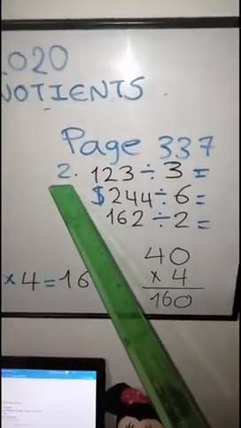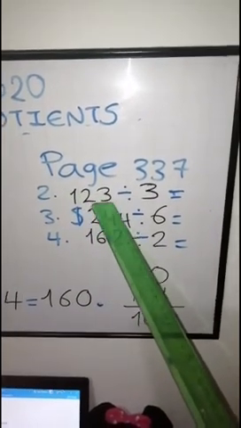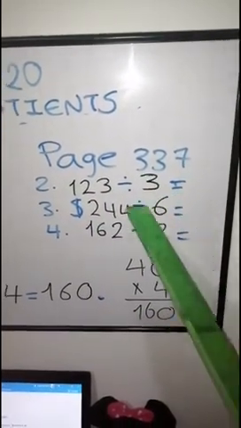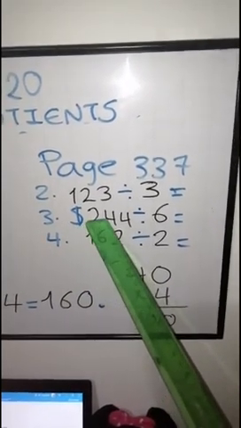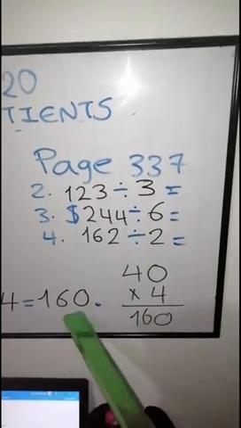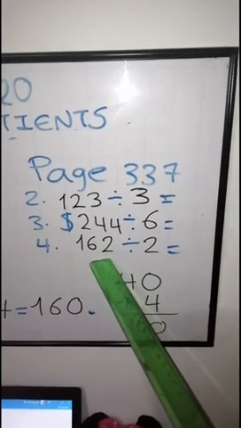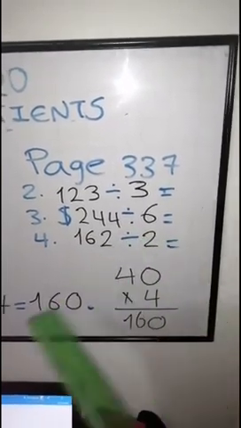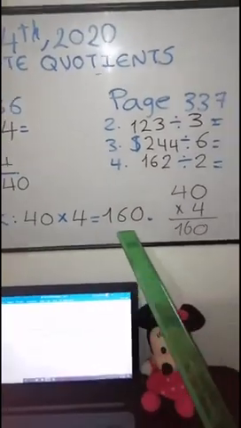So, number 2, 123 divided by 3 equal. Number 3, 244 pesos divided by 6 equal. Number 4, 162 divided by 2 equal. And you're going to check the answer.